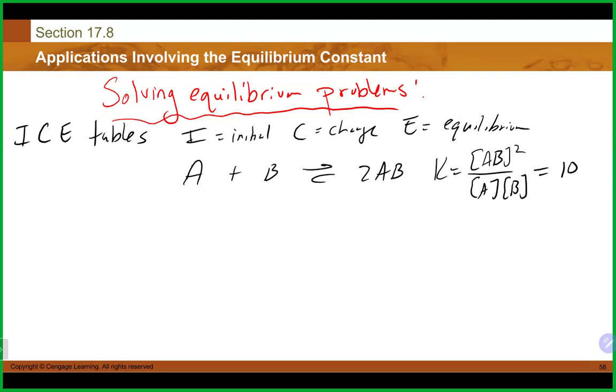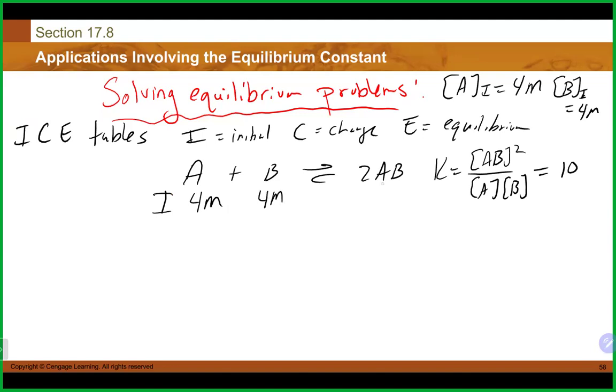So let's just say initially we had 4 molar of A, and for B we had 4 molar. And we wanted to know what everybody's equilibrium concentrations were. So to do this, we would initially start with 4 molar and 4 molar here.